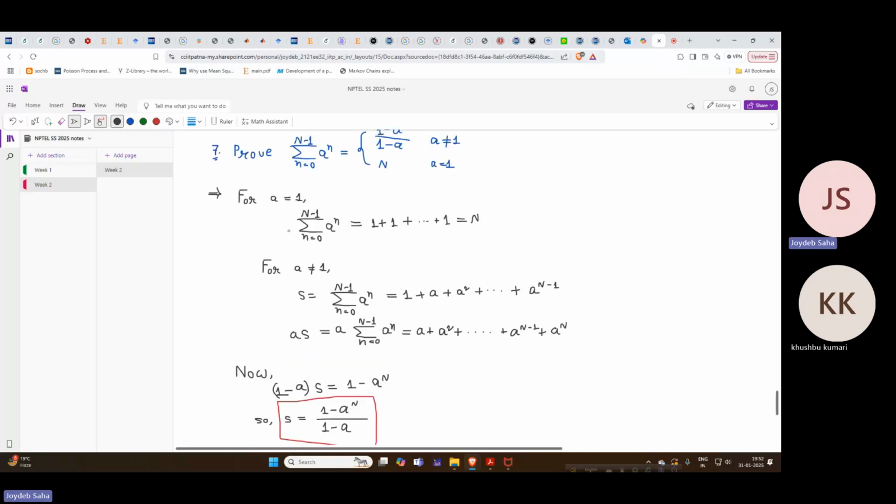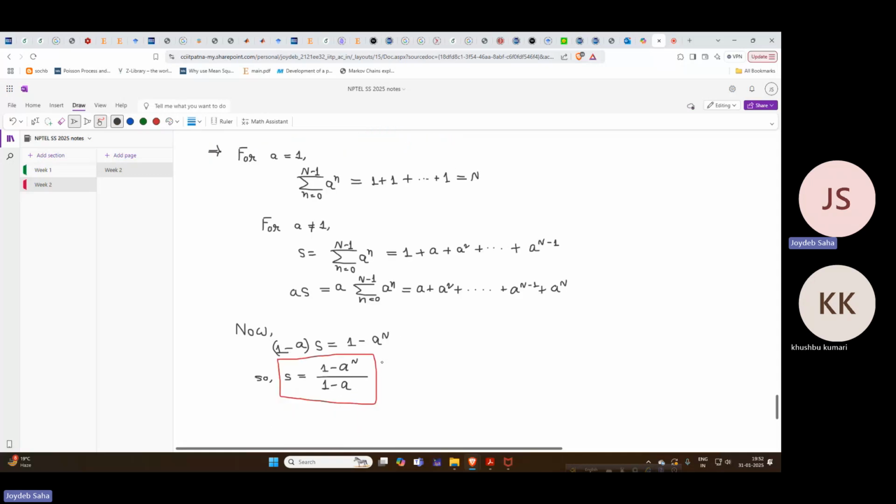S was the sum we have considered and we have proved this, right? For a is equal to 1 this, for a not equal to 1 this.